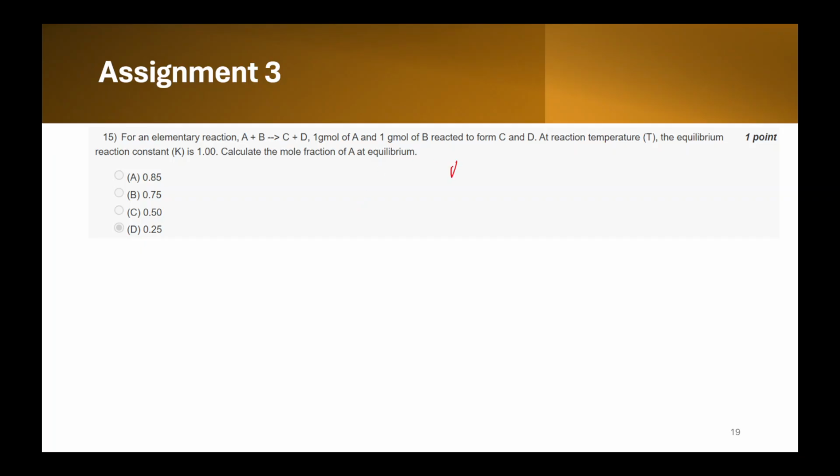So let's suppose A plus B gives you C plus D. Okay, this will be a reversible reaction.